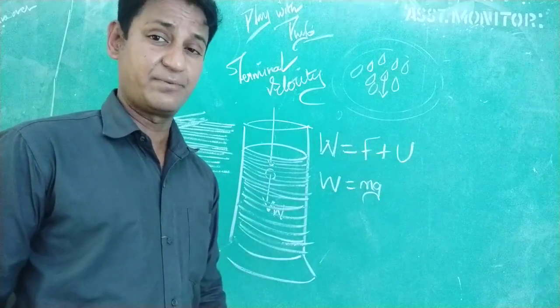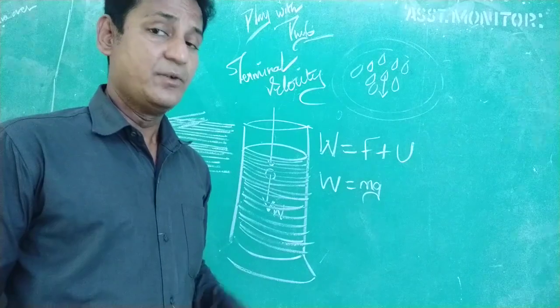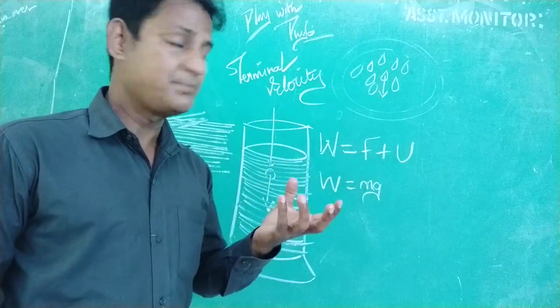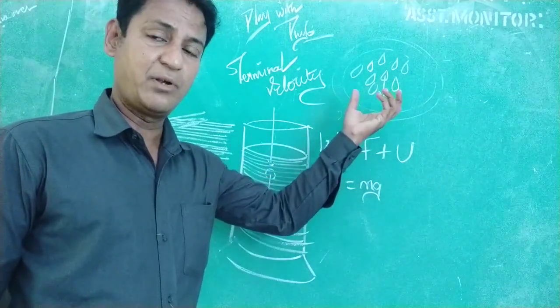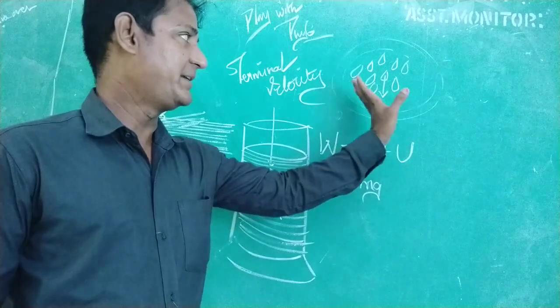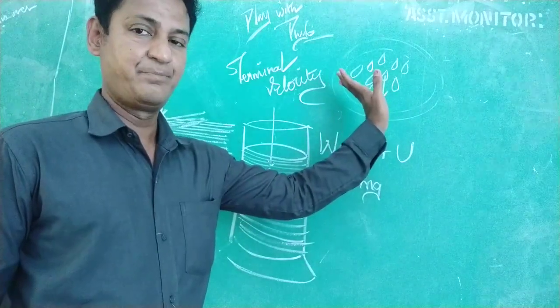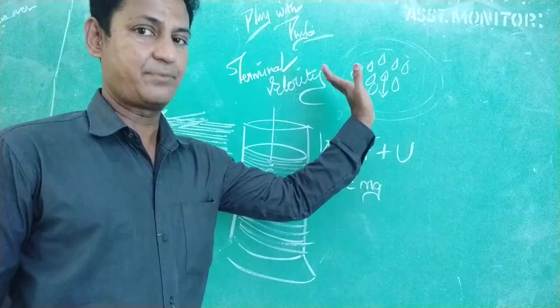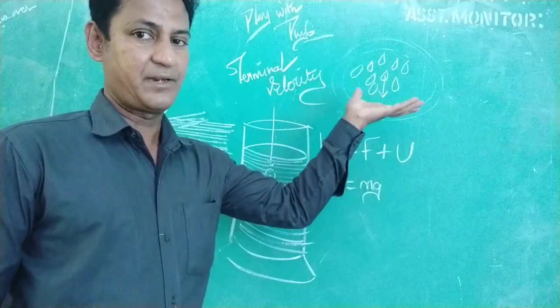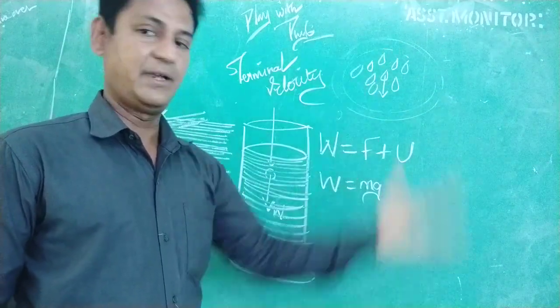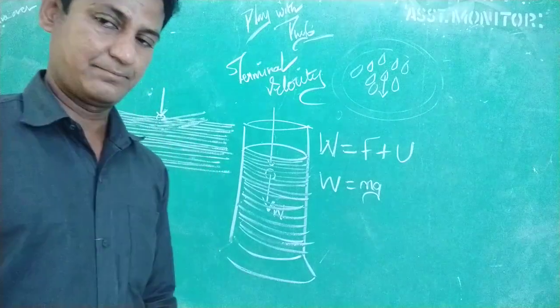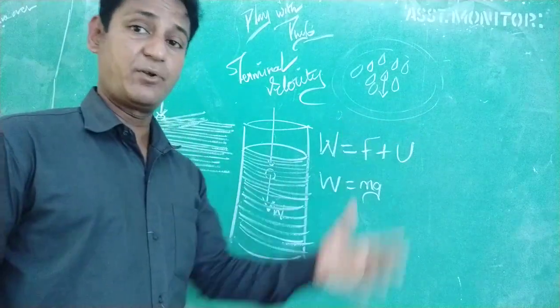So this is because of the terminal velocity. The smaller the size of the droplets, the smaller will be the terminal velocity, due to which they are balanced in space itself. The bigger the size of the droplets, the greater will be the terminal velocity, due to which they are dropped as rain. So this is one example of terminal velocity.